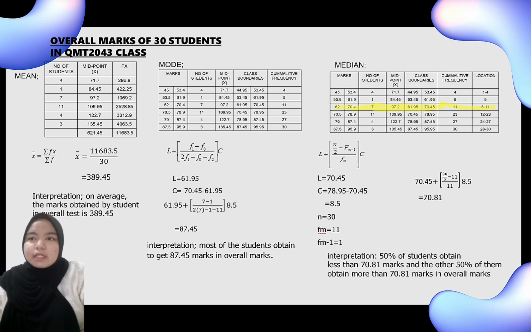The interpretation is 50% of students obtain less than 17.81 marks, and the other 50% of them obtain more than 17.81 marks in overall mark.